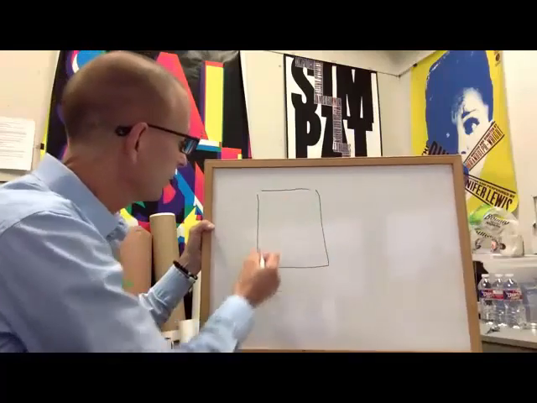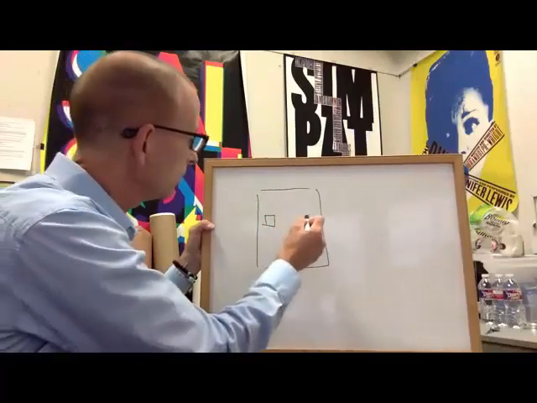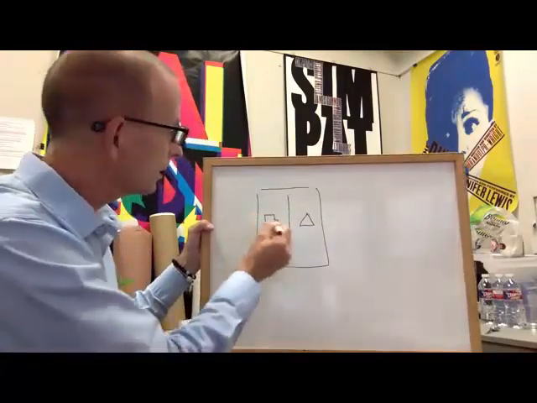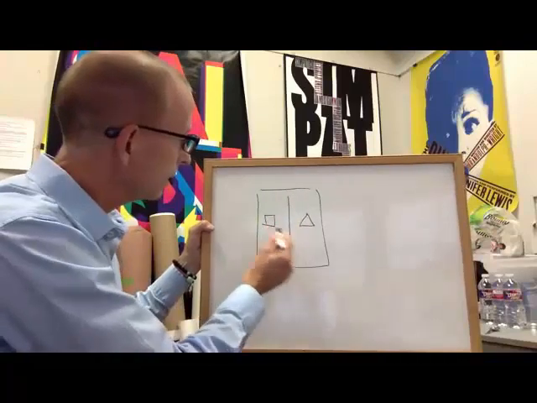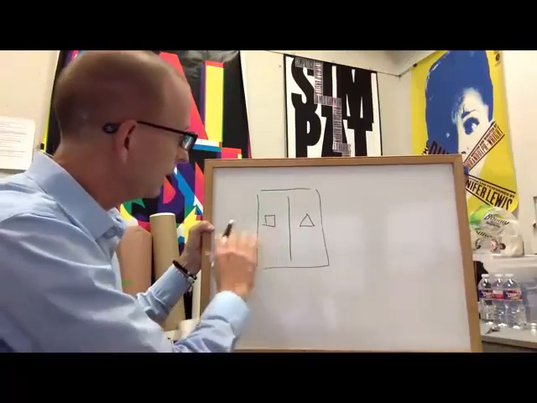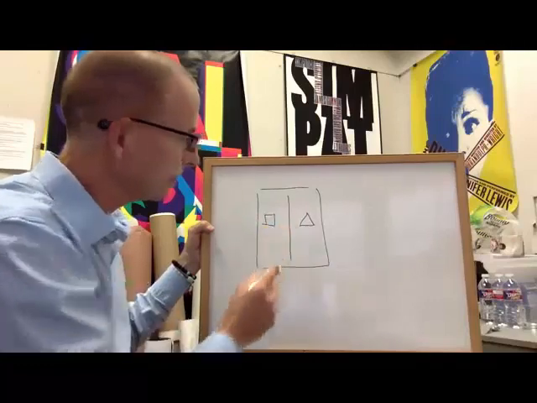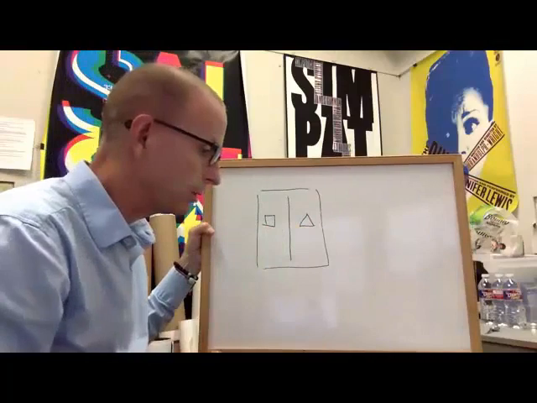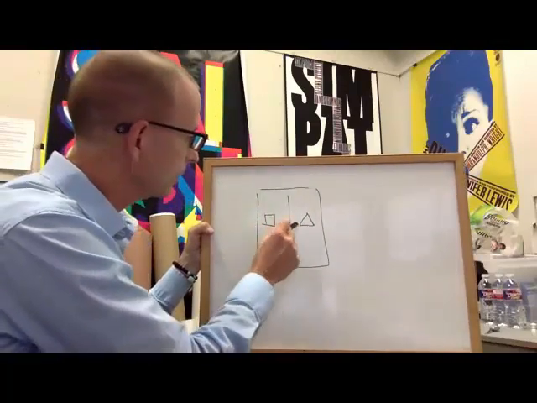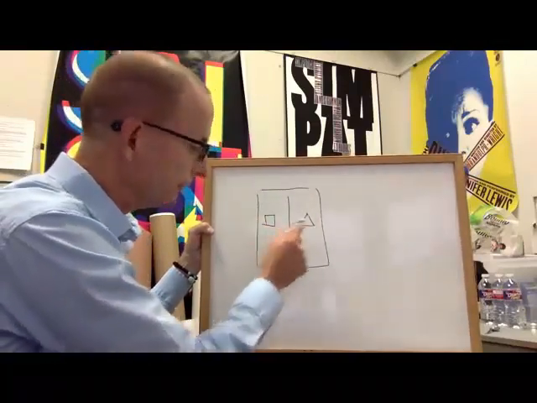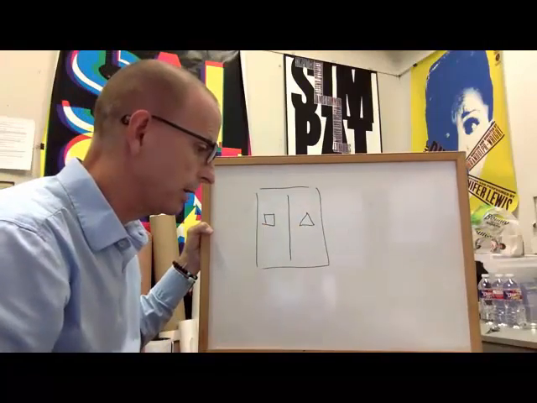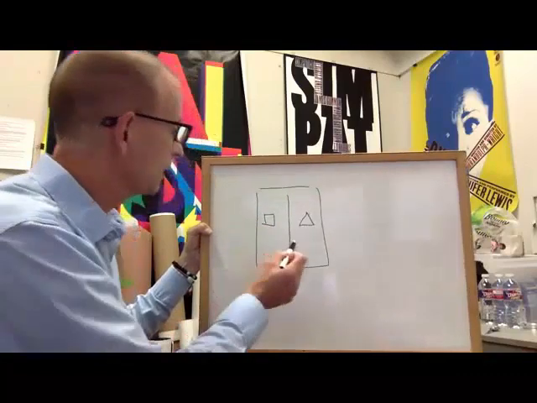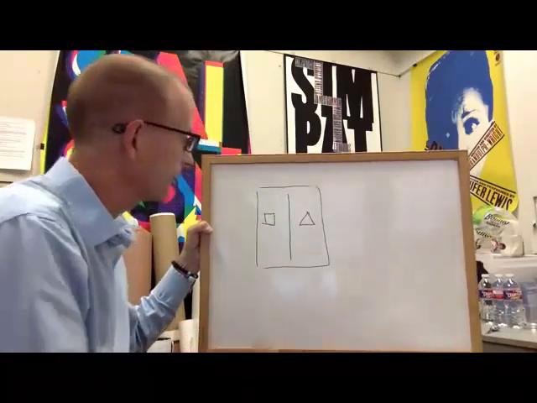For example, if we have a basic shape here and a basic shape here, by adding a line here, we're dividing or creating a separation, or a barrier between these two elements on the left and the right hand side of the page, and so a line separates the one element in design from the other.